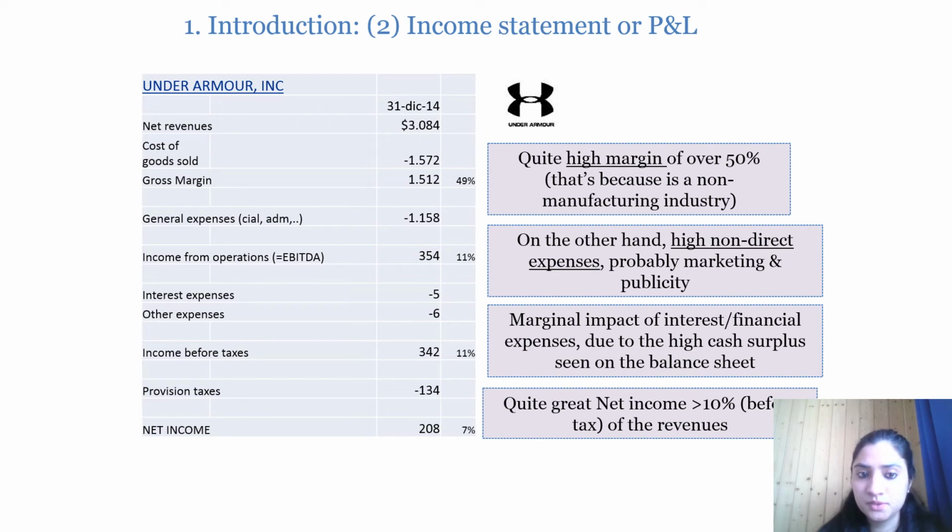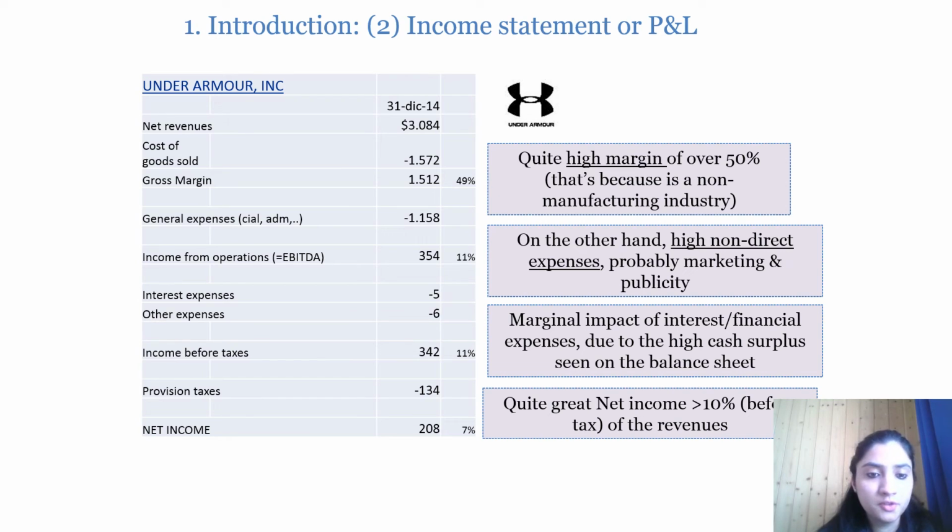So 49% margin, quite a high margin, which shows that the company is not a manufacturing company. They do not manufacture, they outsource their production. However, on the other hand, while subtracting their expenses, they have high indirect expenses, which could be marketing or publicity. They may need it, right?